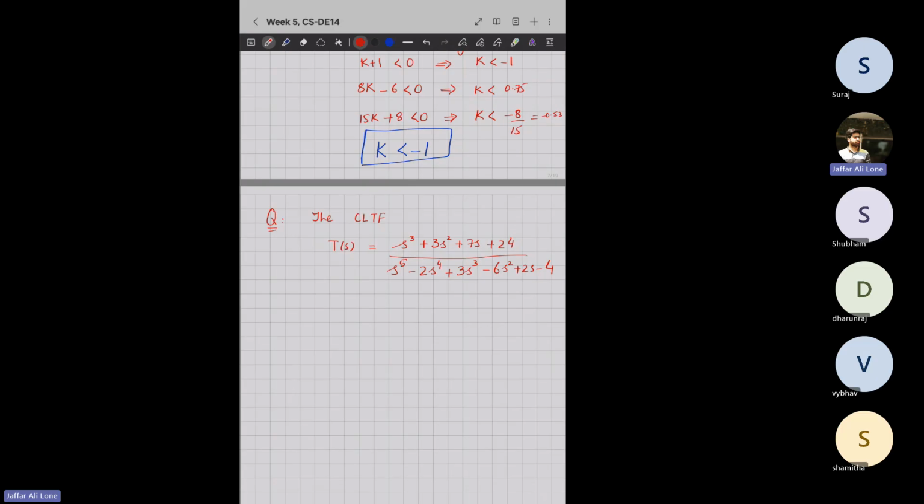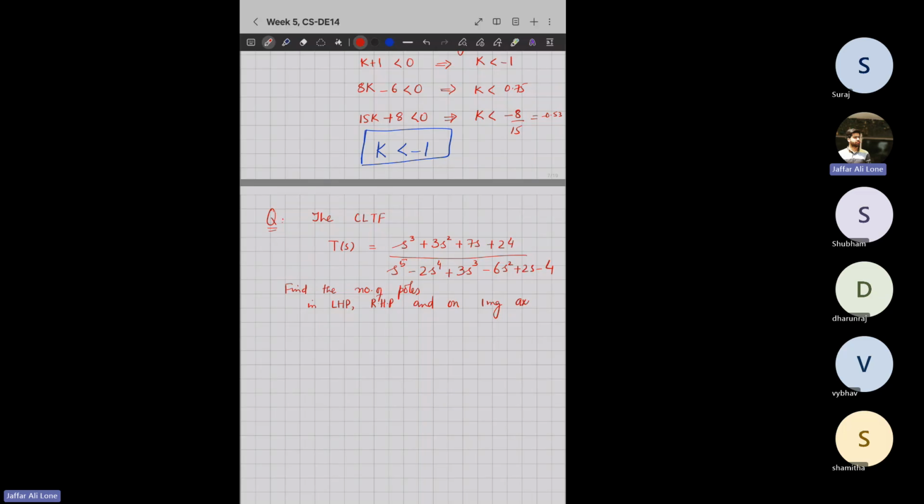The number of poles in the LHP, in the RHP, and on the j omega axis are? The question is, find the number of poles in LHP, RHP and on the imaginary axis.